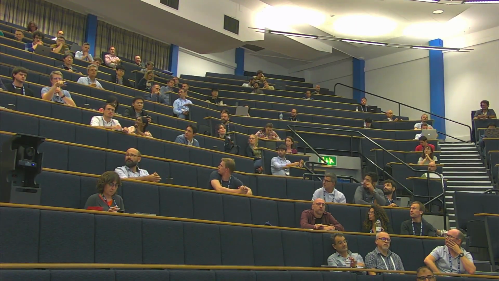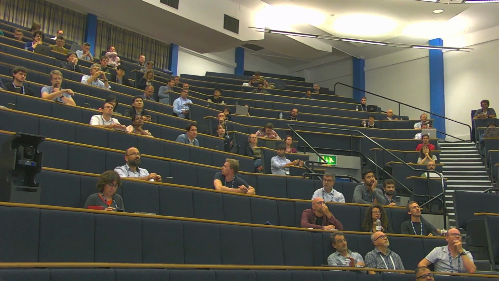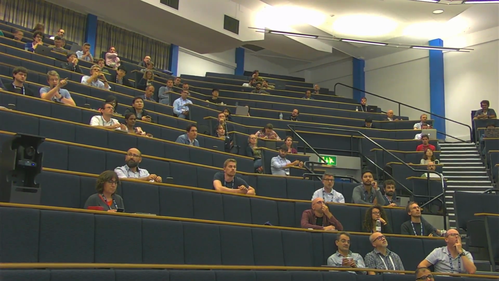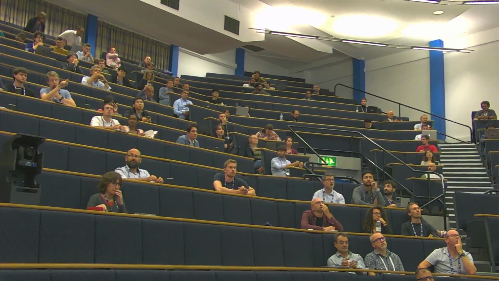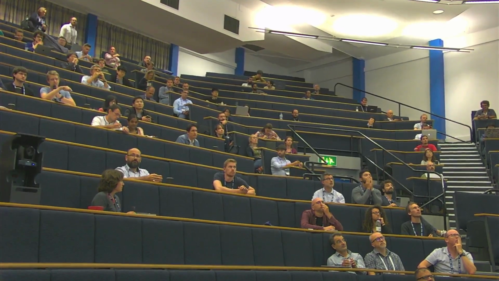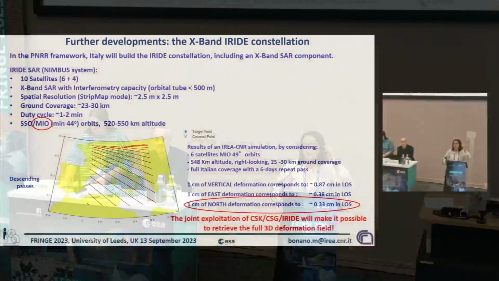You had the 10 satellites, 6 + 4. Was that 6 sun-synchronous and 4 mid-inclination? Is that the distinction? No, they are all medium inclination orbits. They're all mid-inclination? Yes, they are going to be planned in this way.